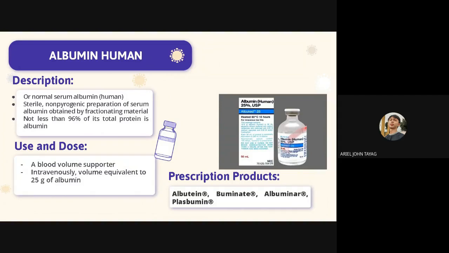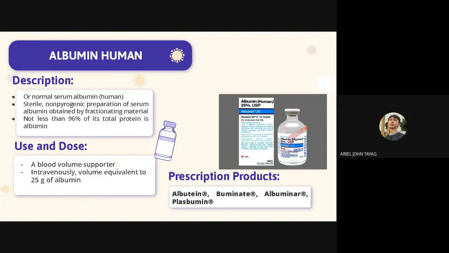So we have albumin human. So for the description, it is also called normal serum albumin. So it is a sterile, non-pyrogenic preparation of serum albumin obtained by fractionating material. Not less than 96% of its total protein is albumin.